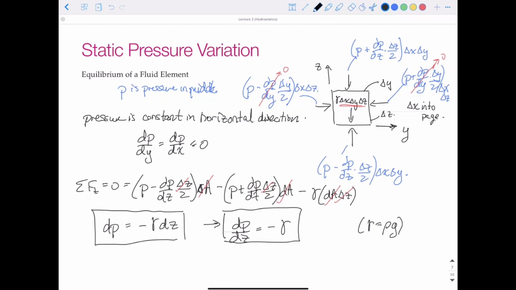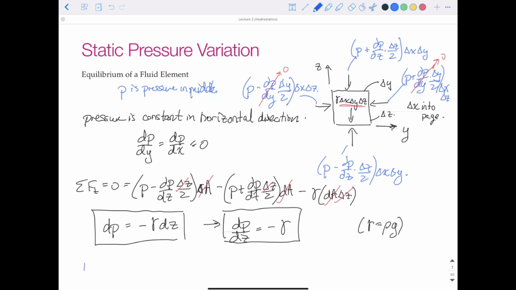So if our density is constant, if we have an incompressible material, so we can't change our density with pressure, and if our acceleration due to gravity is constant, then we can integrate this quite easily, and we would get an equation.